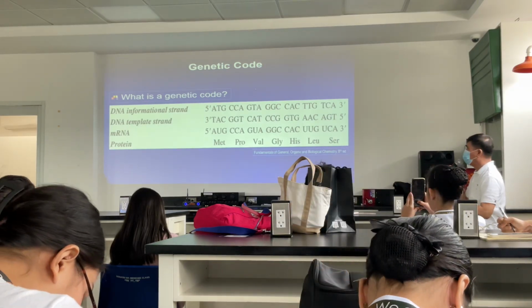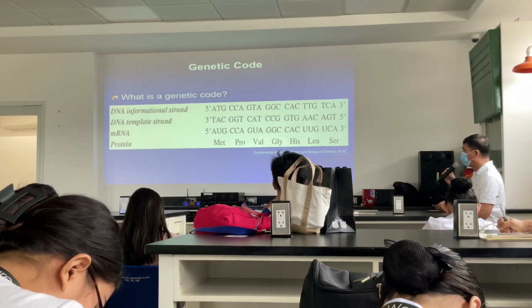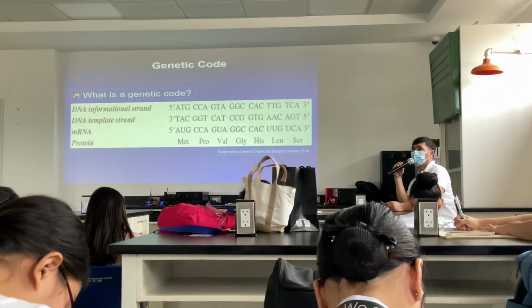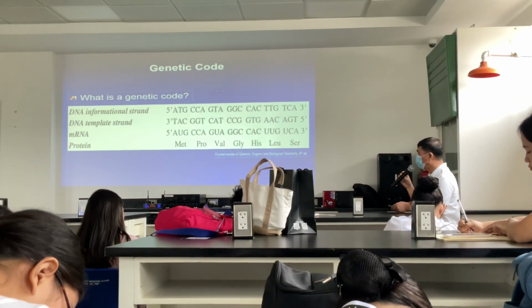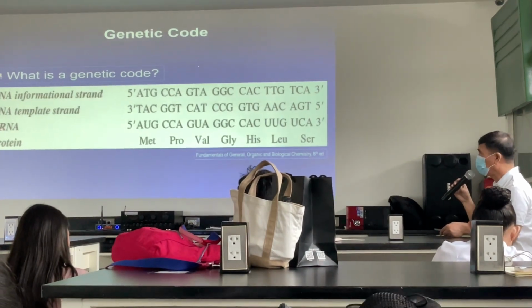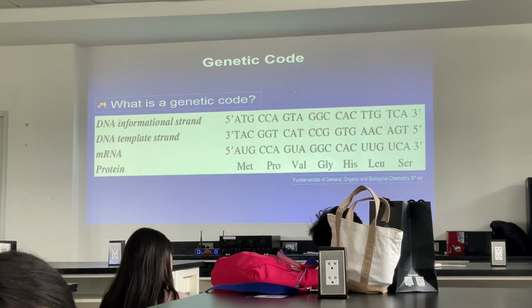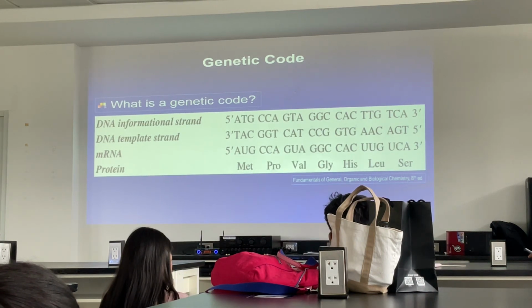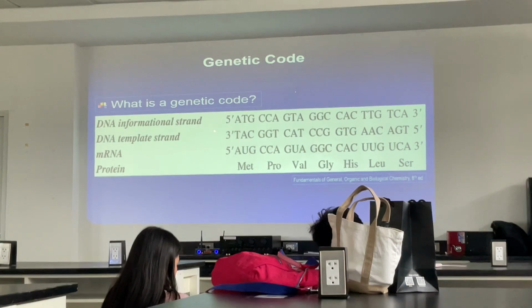A genetic code refers to the sequence of nucleotides coming in threes in your messenger RNA, which will dictate the synthesis of proteins in the ribosomes.